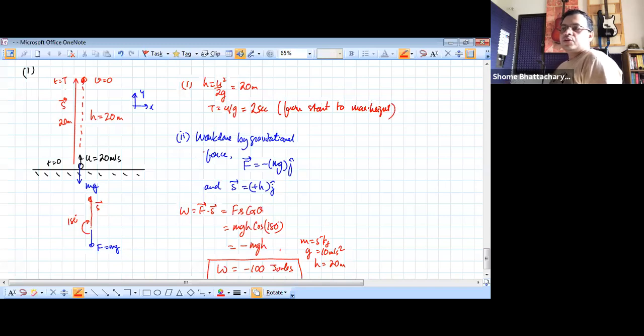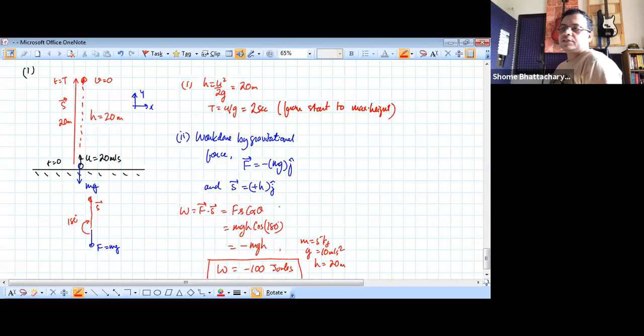Yeah, second part, we are calculating work done, so F dot S. So the force is mg in magnitude, downwards, whereas what about the displacement? It's vertically upwards, so it's at 180 degrees to it, and the magnitude of the displacement is the maximum height, which is 20 meters. So by definition, the work done is the dot product of force and displacement. So that is Fs cos theta. Now what is the F over here?